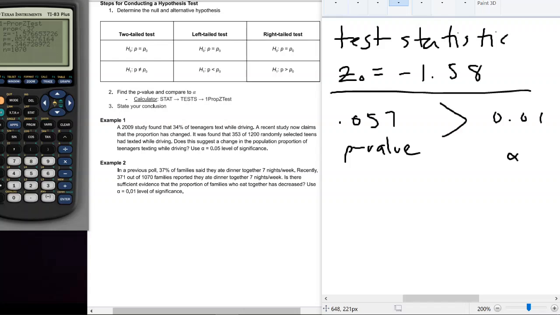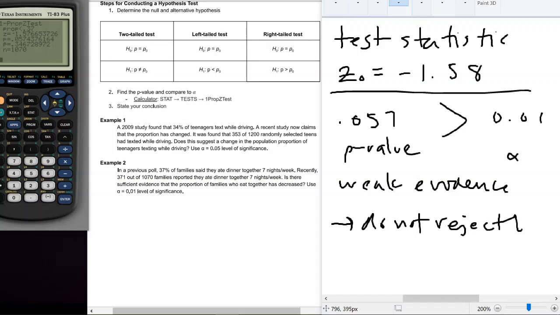And if we're above the threshold, that's considered weak evidence. Weak evidence that backs up our claim is not enough. So here, we cannot reject the old data. We do not reject the null hypothesis. With weak evidence, we're not able to support our claim, so we do not reject the null.